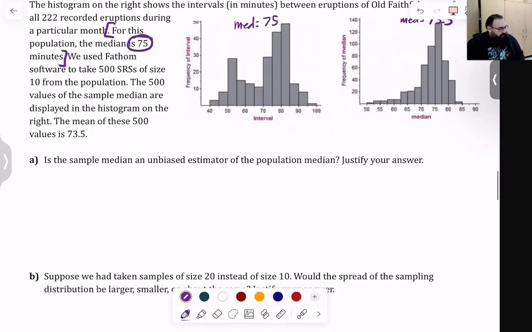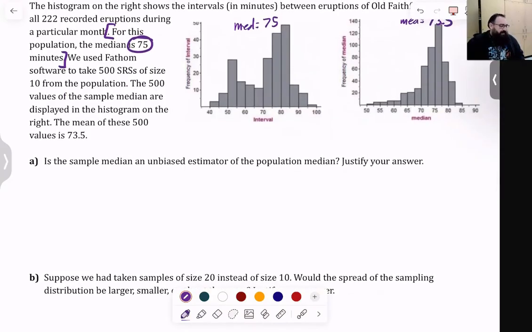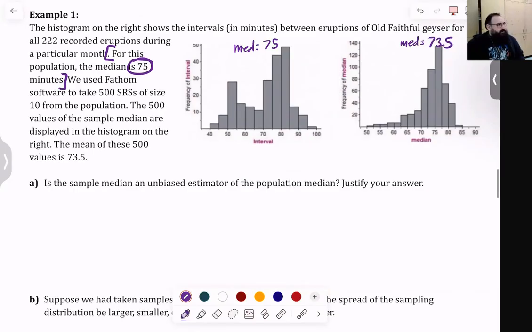So, would you say that the sample median is an unbiased estimator of the population median? This one's kind of tough because they're pretty close to each other, but is it close enough? Because my answer key says that the median does not appear to be an unbiased estimator because the mean of the sampling distribution is not equal to the median.